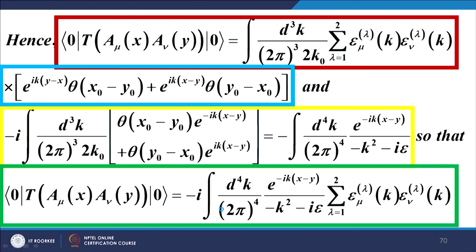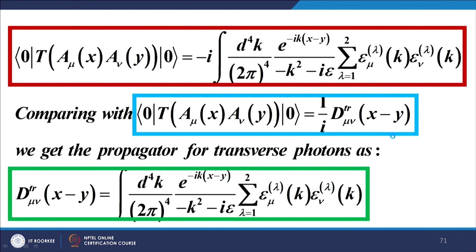On the one hand, the time ordered product has been represented in the form given in the first equation, and on the other hand, the right hand side of the time ordered product is related to the expression given in the yellow box here through the Feynman propagator's expression. So, combining the two and simplifying, and using the explicit expression for the Feynman propagator, we get the expression that is given in the green box at the bottom of the slide for the propagator for transverse photons.